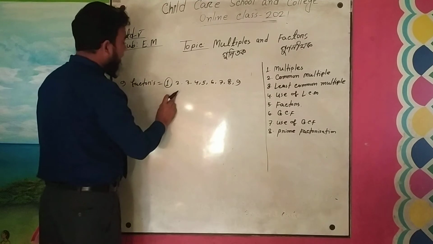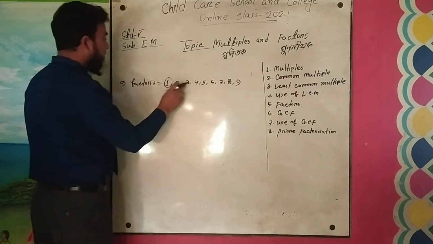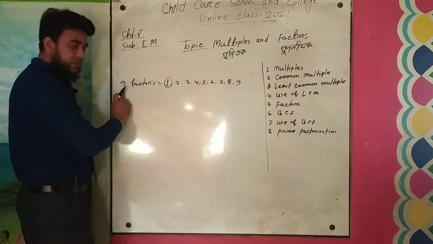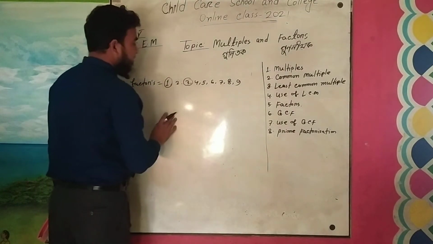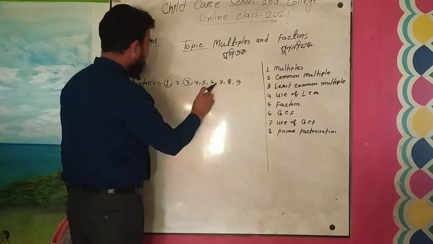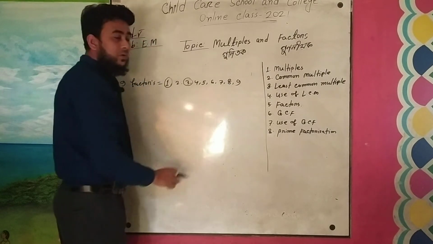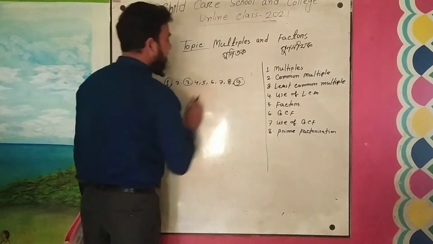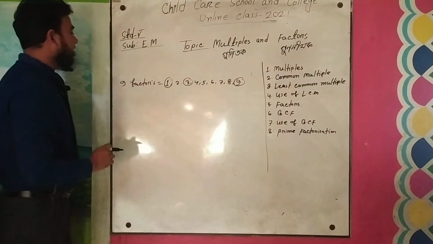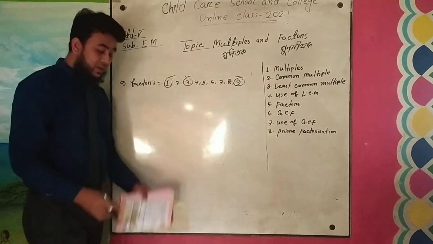No, this is not possible. Now 3. If you divide 9 by 3, it will be possible. So it will be its factor. 4, no. 5, not possible. 6, no. 7, not possible. 8, no. Now lastly we can divide this by 9. So what are the factors of 9 here? 1, 3 and 9. Okay.